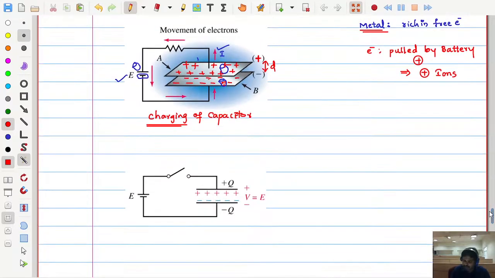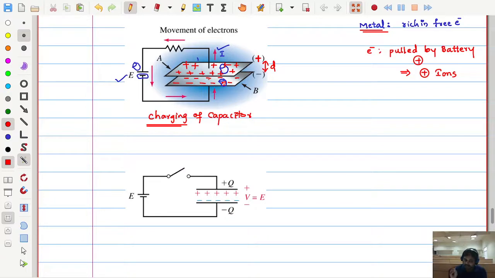Now this process happened. Now suddenly I would like to switch off. Let us say the switch is connected. I would like to disconnect the battery suddenly, after this process of charging. What happens? Just think generally. This battery has given some energy to the capacitor. Suddenly we are separating the battery and the capacitor.